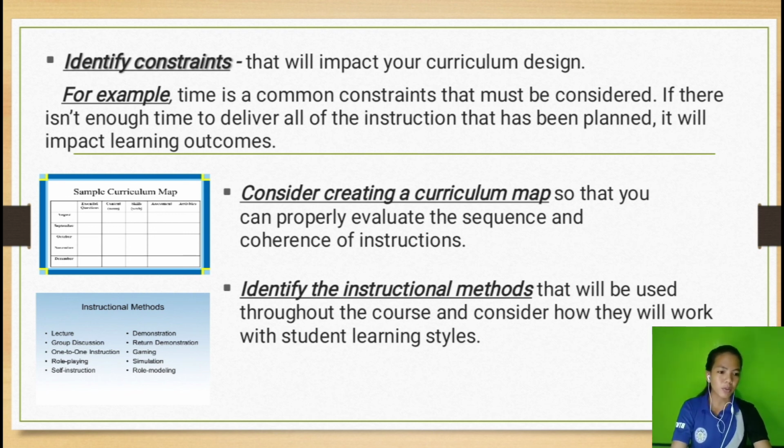Here are some examples: group discussion, role-playing, self-instruction, simulation, lecture. So it's up to you what kind of instructional methods you are going to use for the learners to be able to learn.